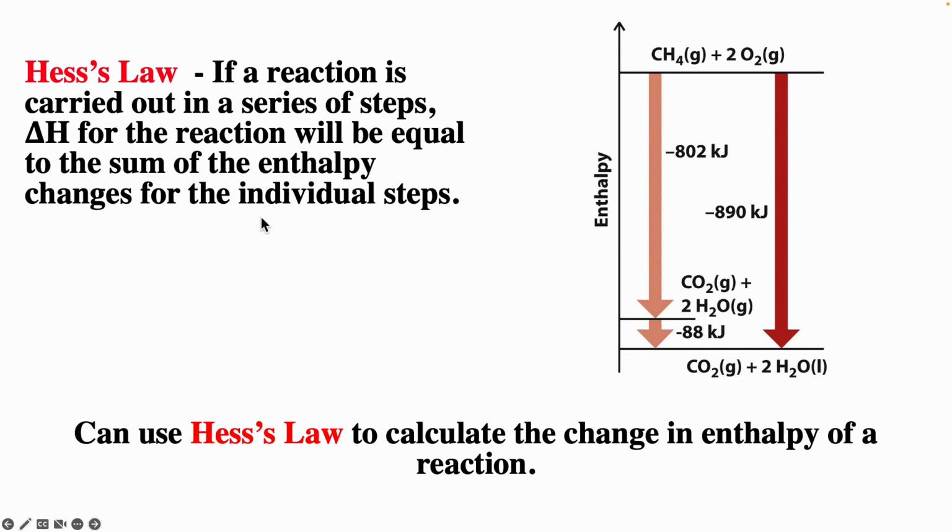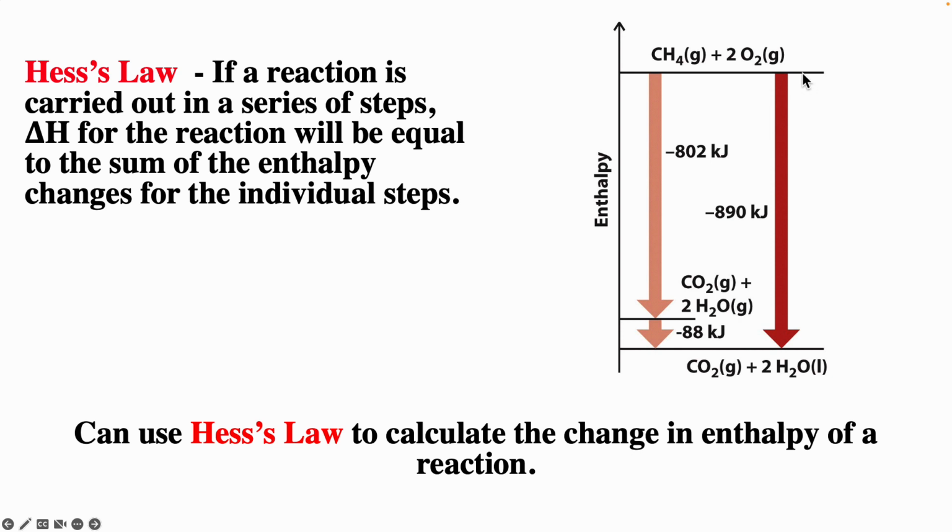So for example, if we're starting with methane gas plus oxygen gas, and we're going to CO2 gas plus liquid water, we could imagine two different pathways. One this way, where we go to CO2 gas plus H2O gas, and then you convert the H2O gas to H2O liquid.